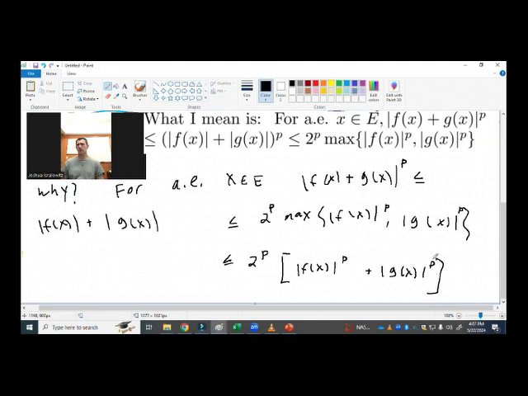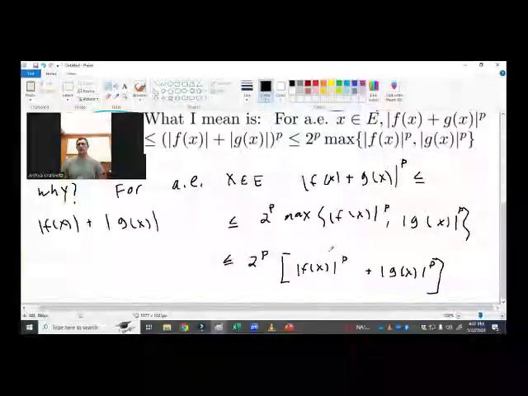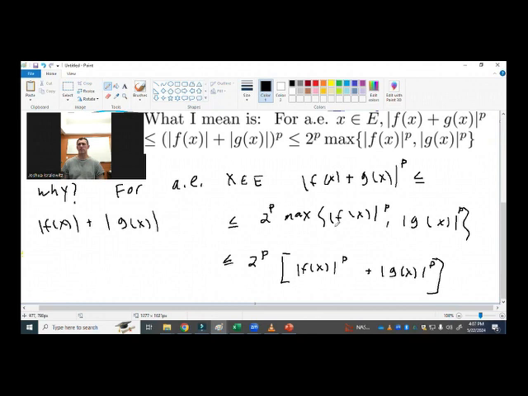That's pretty trivial because if the max happens to be this first one, then it is less than or equal to this sum, since I have the absolute value of g of x to the p added here. On the other hand, if the max happens to be the other, still it is less than or equal to this because I have an additional absolute value of f of x to the p here. So the max is one of these two. That's really all there is to it.